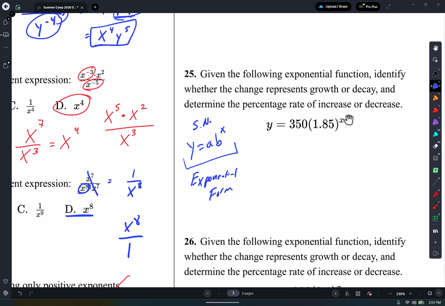Has anyone ever made copies in the copy machines where you had to make it bigger or smaller, the scale? No? Or anyone had a job that required that? If you ever do, you're going to push a little plus button. Let's say someone tells you to make a copy of this, but make it bigger. So you put it in there and push the plus button to magnify it, and you're going to see a little percentage, and that percentage is going to go above 100.